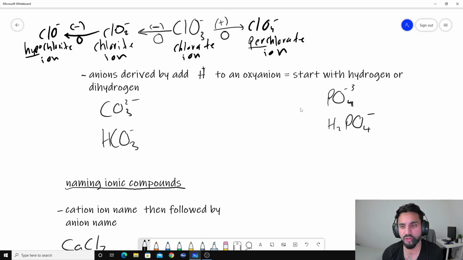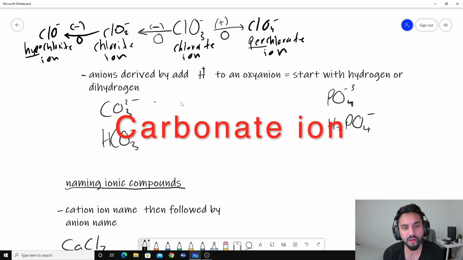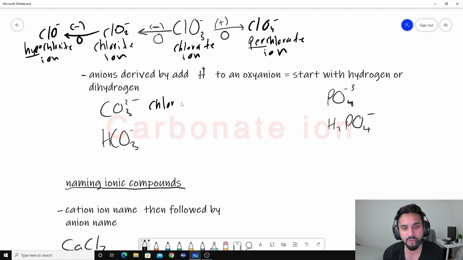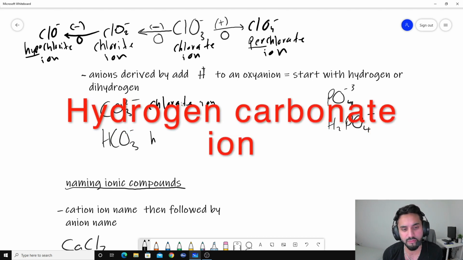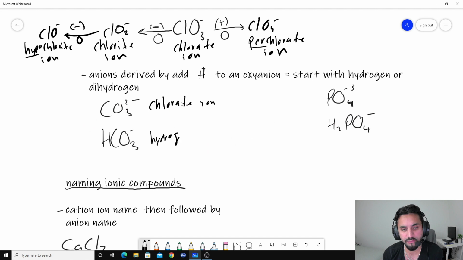If there's two hydrogens, like in this case right here, you call it dihydrogen. So we started with chlorate ion, and then we added a hydrogen, so we call this hydrogen chlorate. This is how we name this one.